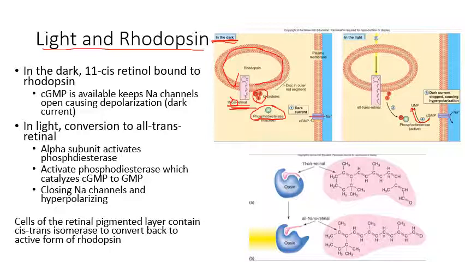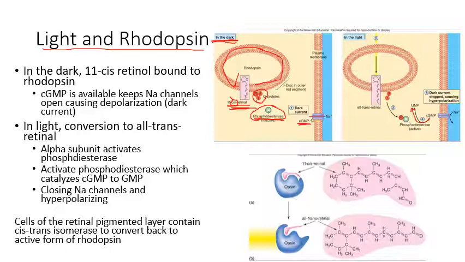Without phosphodiesterase being active, we're not converting cyclic GMP, so there is a lot of cyclic GMP. And cyclic GMP binds to a sodium channel to keep the sodium channel open.